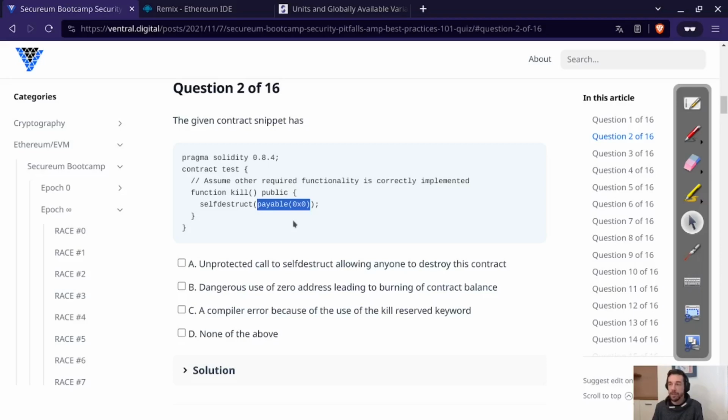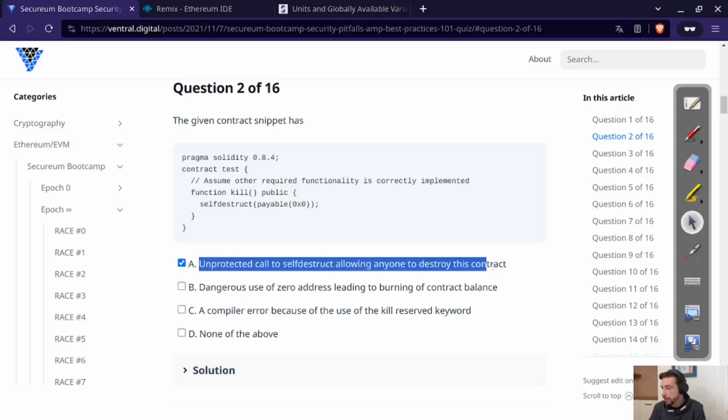They basically just want to get rid of the deletion part and just leave the sending funds part inside. And this basically allows them to rename self-destruct to send all instead. So that's about self-destruct. So A is correct because it allows an unprotected call to self-destruct, allowing anyone to destroy this contract.